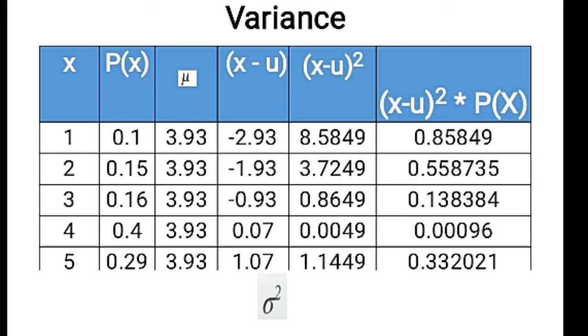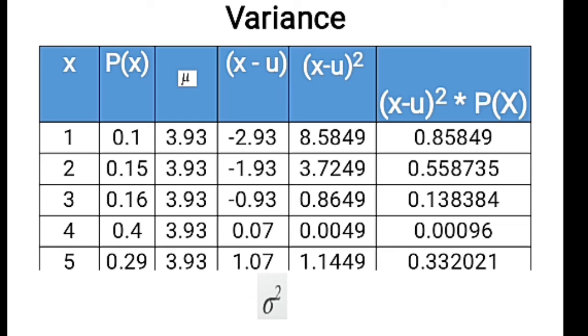After getting these values, we multiply each by its corresponding probability. 8.5849 times 0.1 equals 0.85849. 3.7249 times 0.15 equals 0.558735. 0.8649 times 0.16 equals 0.138384.